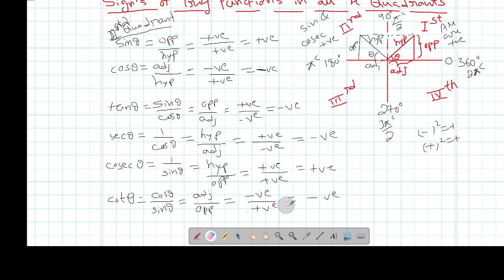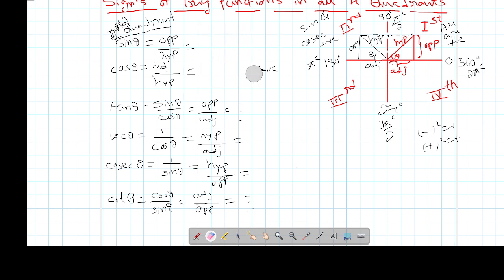Let me erase this. Now let's see the third quadrant. What happens in the third quadrant?